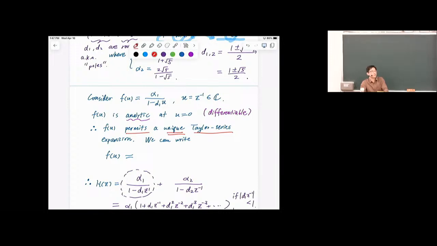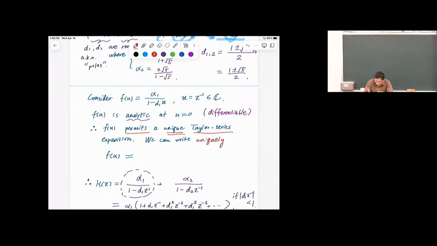Taylor expansion is unique. You never have two different Taylor expansions which actually end up being the same. So when f of u is analytic at a certain point, it permits a unique Taylor series expansion.